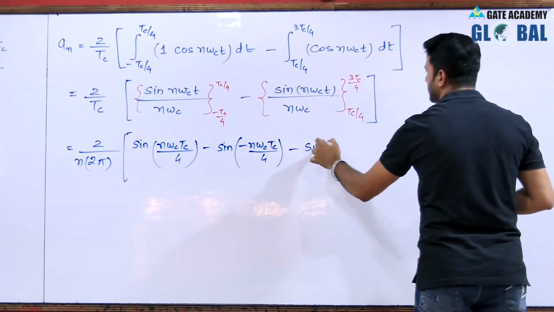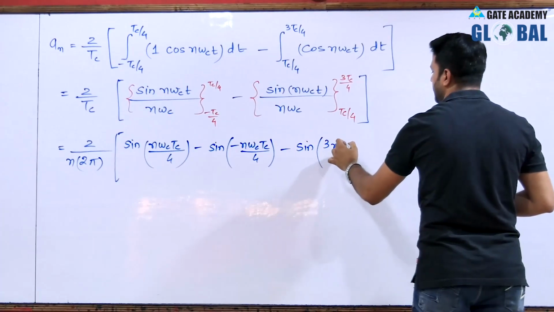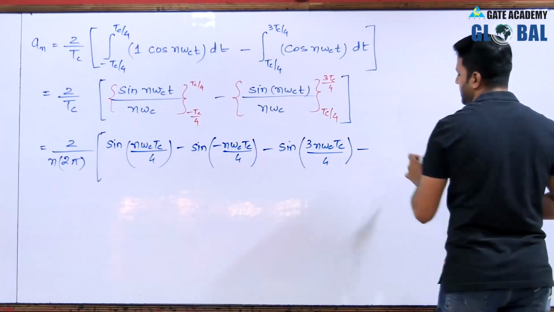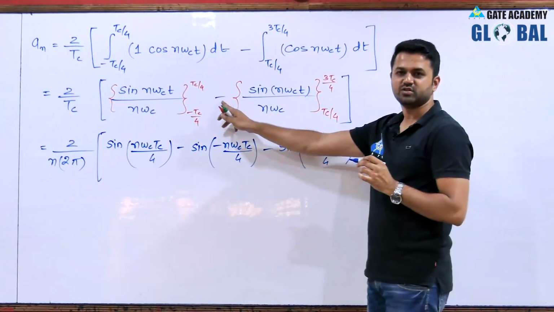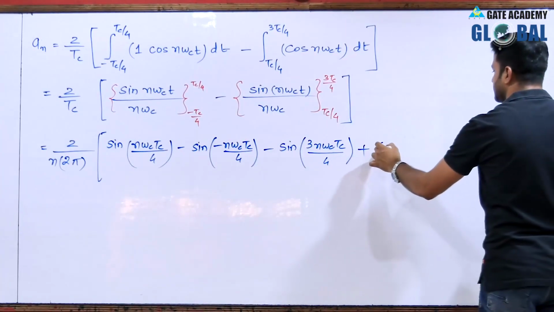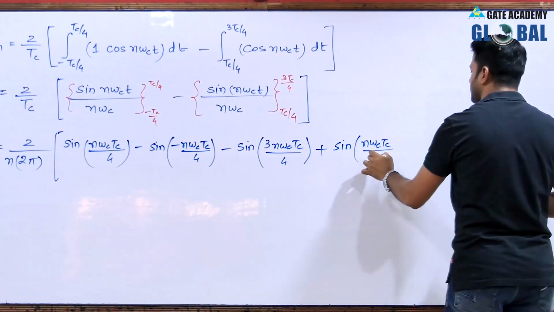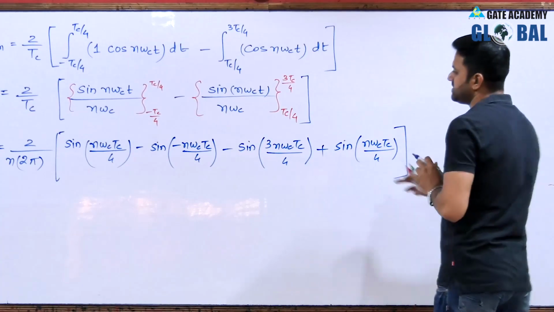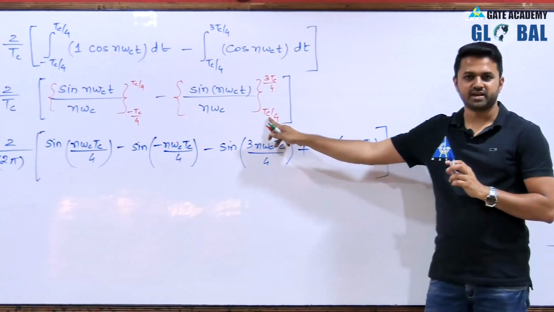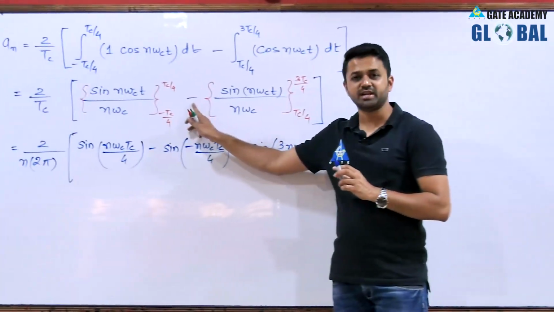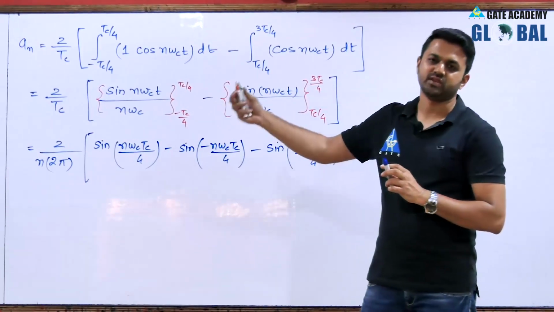So, sin 3 n omega C Tc by 4 and again lower limit. So, minus, or here is also minus. So, it will become plus sin n omega C Tc by 4. Okay, because this is the lower limit, that is why minus sign should be coming, but because of the minus sign already present here, that will become plus.